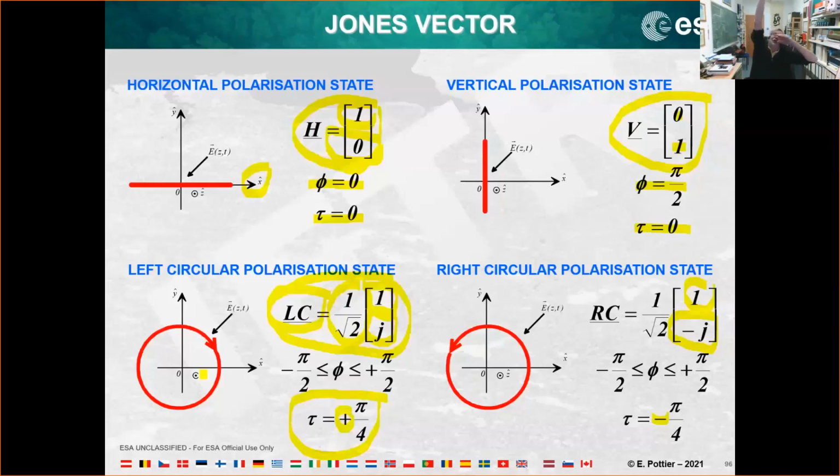So imagine you have your SAR system at the top, and the SAR system is going to transmit a horizontal wave, a linear wave, like my finger. And when the wave is going to go through the ionosphere, due to the effect of the Faraday rotation, the field, in fact, is going to turn along the propagation axis.